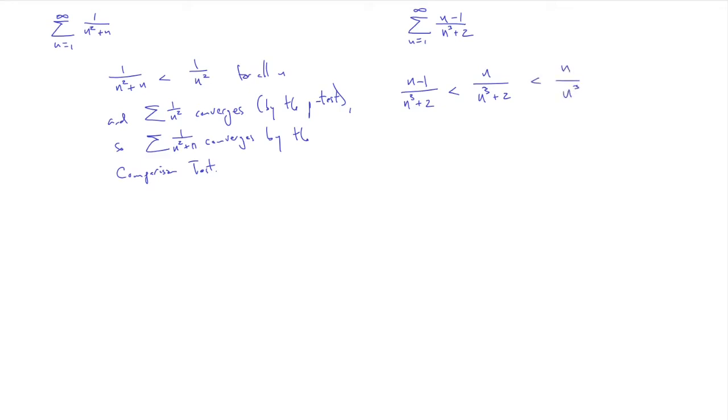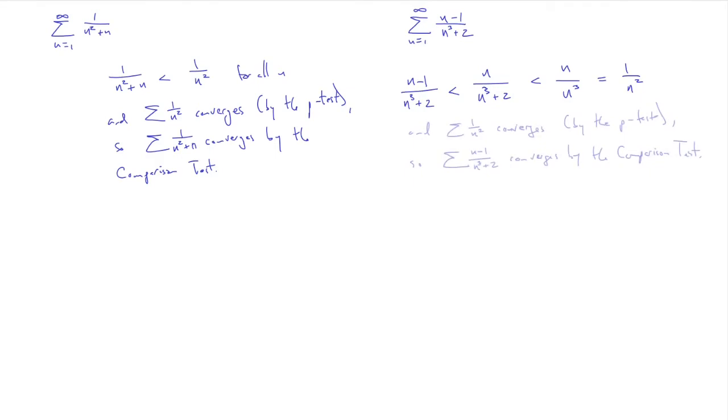And similarly, n over n cubed plus 2 is very clearly and obviously less than n over n cubed because n over n cubed plus 2 has a larger denominator, and a larger denominator makes a smaller number. And finally, n over n cubed is precisely equal to 1 over n squared. So this argument shows that the terms of this series are less than the terms of the series 1 over n squared.